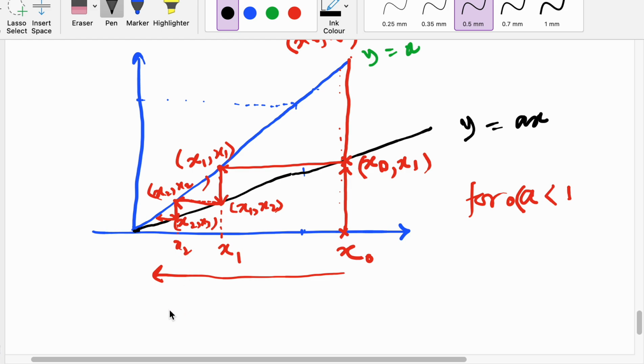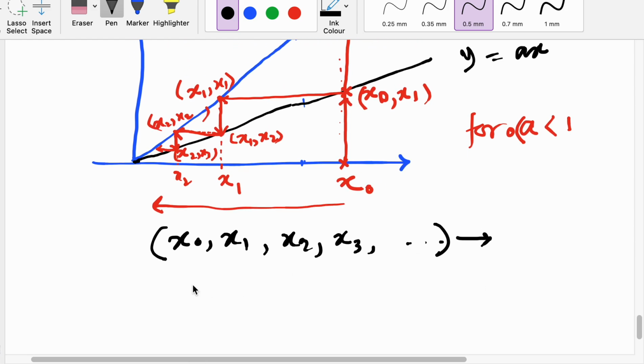We can see that x0, x1, x2, x3, and so on, if I iterate infinitely many times, the limit as n tends to infinity of xn goes towards 0. This is the first case.